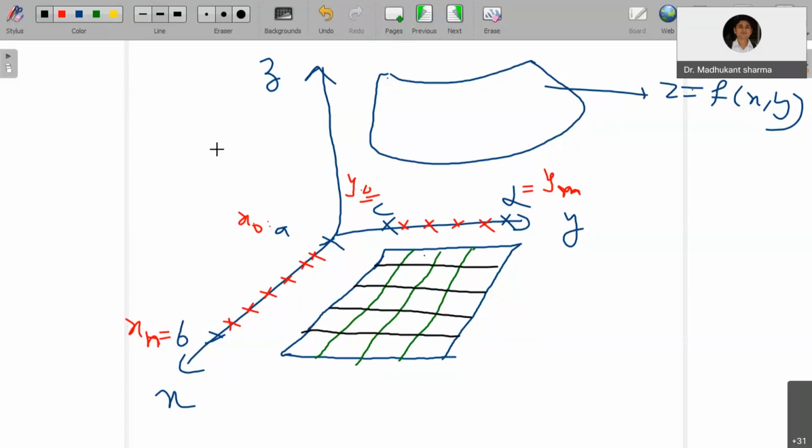Now let's say this is here. I will denote this Rij, which is nothing but xi minus 1 to xi cross yj minus 1 to yj.